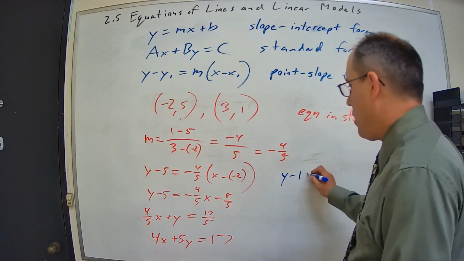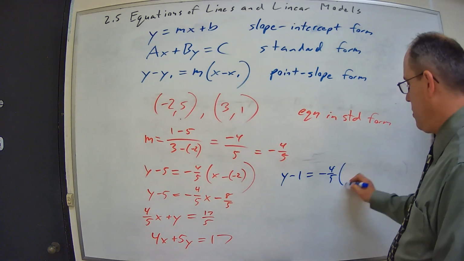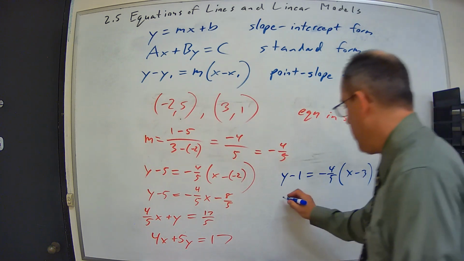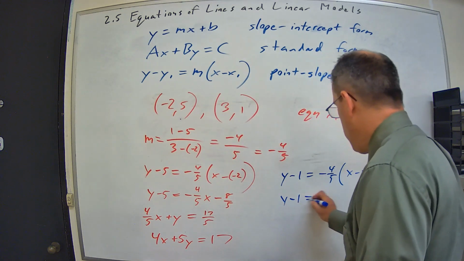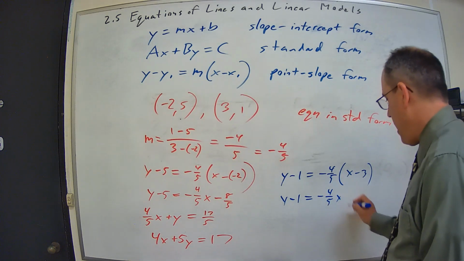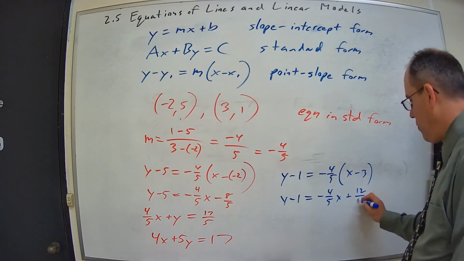Y minus 1 is equal to negative 4/5 x minus 3. Distribute it through. Y minus 1 is equal to negative 4/5 x plus 12/5.